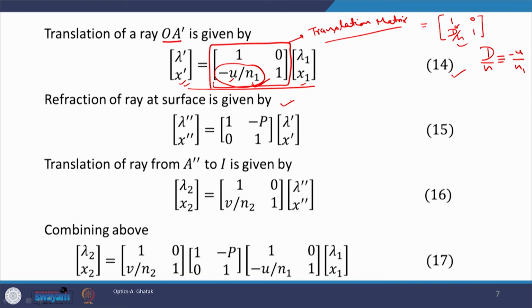Now, for the second case, for refraction, we will relate lambda double prime and x double prime with lambda prime and x prime with a refraction matrix. This is your refraction matrix. And here P is the power of the refracting surface.